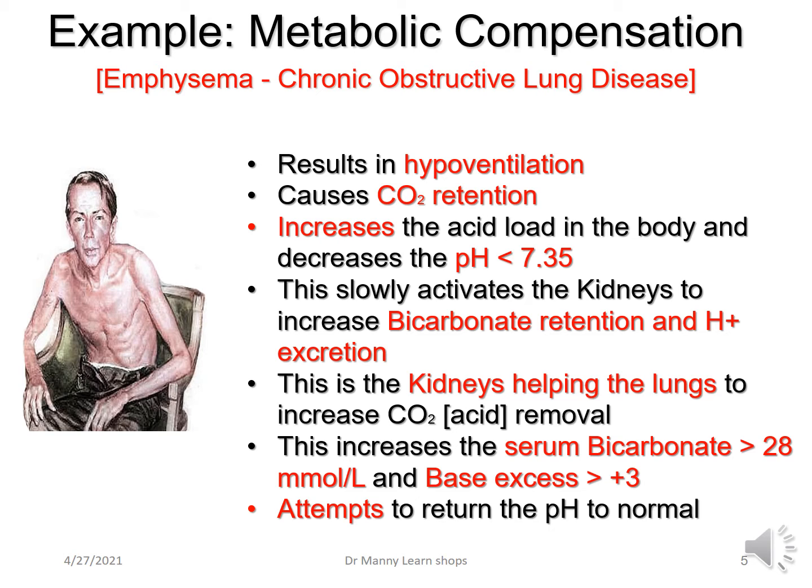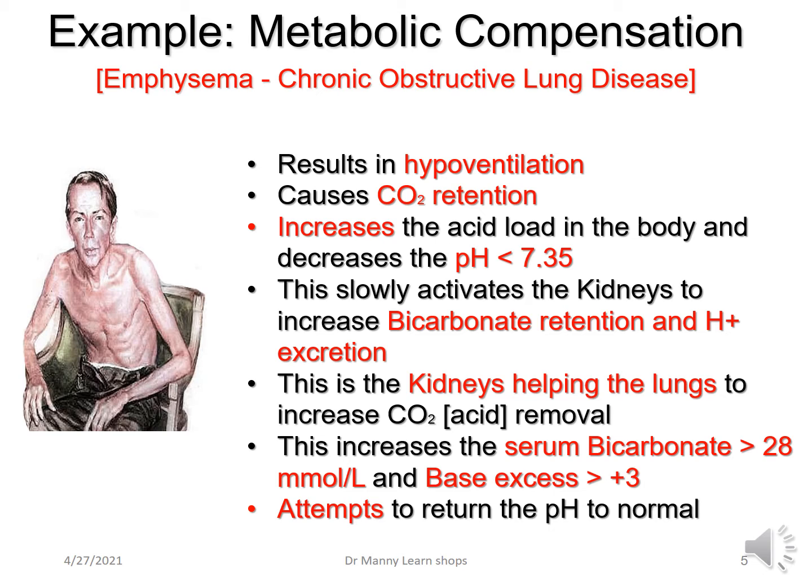However, the kidneys try and help, but they're pretty slow. They start activating after about probably 12 hours and use their maximum capacity at probably around about 72 hours. And the kidneys slowly increase bicarbonate retention and hydrogen ion excretion. This increases the bicarbonate or base load in the blood, but decreases the hydrogen ion and acid load in the blood.